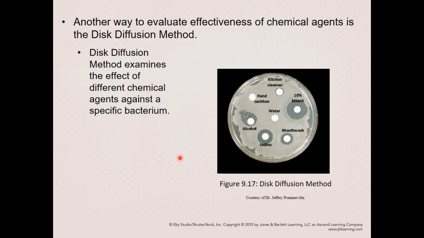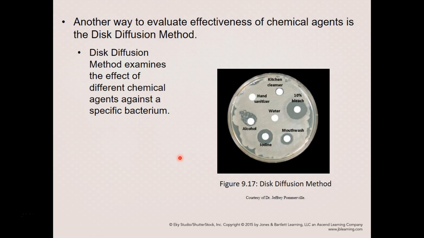Another mechanism that is used often, especially in laboratories, is a disk diffusion test, where we look at a specific microbe if we're concerned about, say, an outbreak of some pathogen. We might look at how that pathogen grows in different environments.